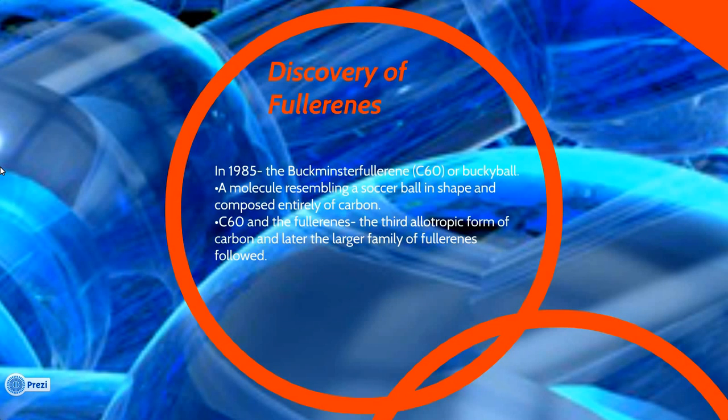Some fullerenes are spherical and others are cylindrical. Spherical fullerenes, also known as buckyballs, are made up of carbon-60. It resembles a soccer ball in shape and is composed entirely of carbon. While cylindrical fullerenes are also known as bucky tubes, and recently the bucky egg was also discovered.